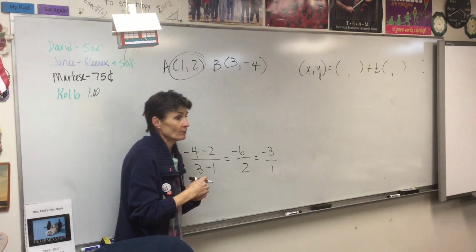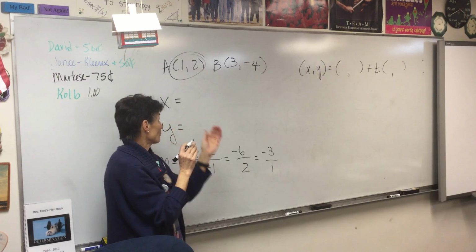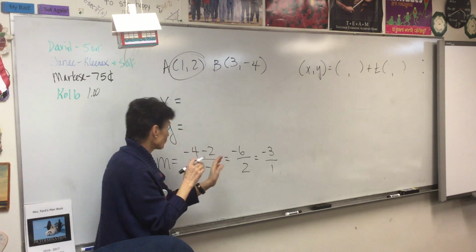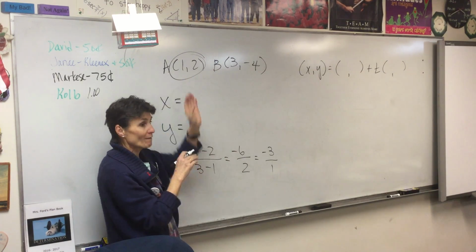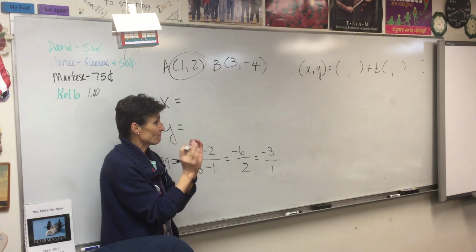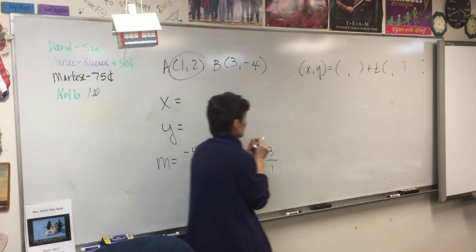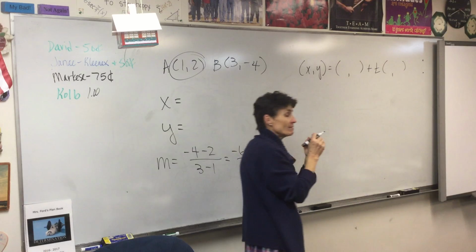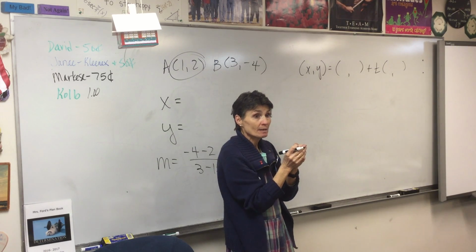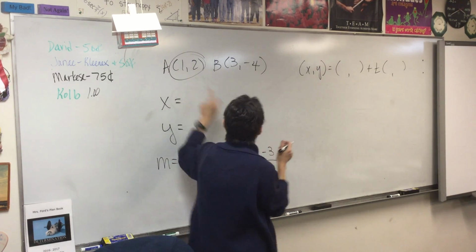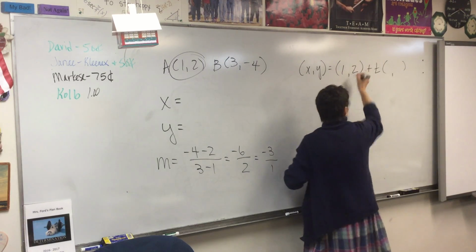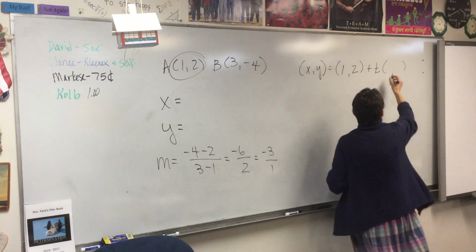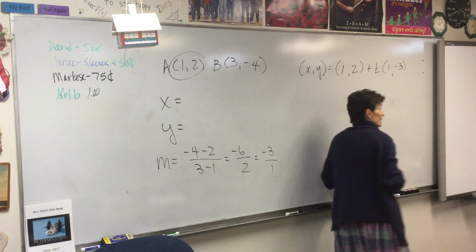T is your parameter. So remember, you're writing parametric equations. So your first step, after you have found your slope and after you have picked your point, is going to be to set up this framework and then plug in the point you picked, and it goes right here, and the slope you found, and it goes right here.